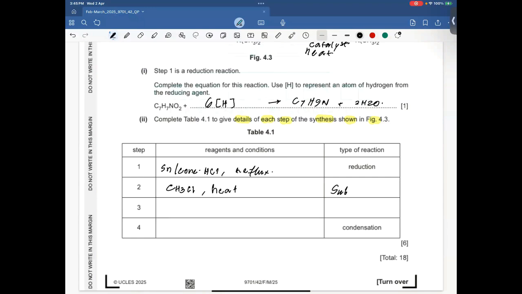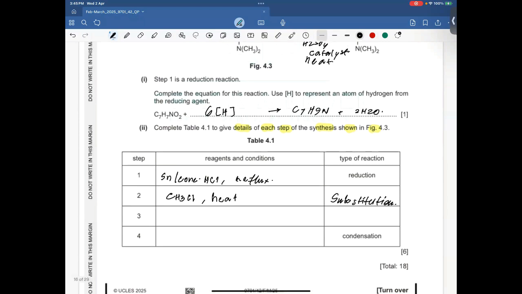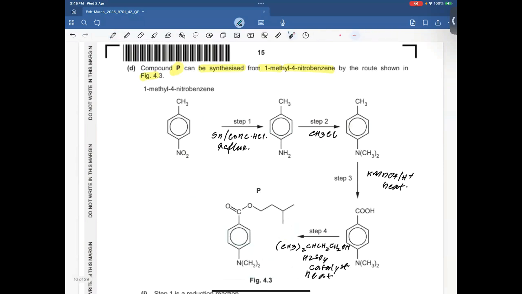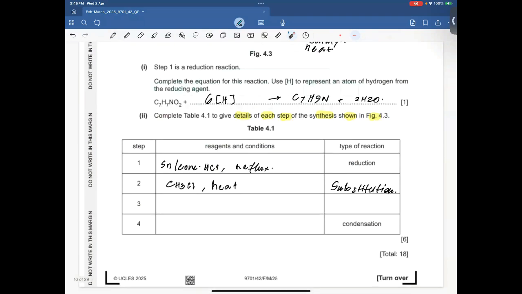Obviously, this is going to be substitution. Why? Nucleophilic substitution reaction. In fact, from here H, from here Cl, they will combine together to give you HCl. So it's dehydrohalogenation, you can say that. Okay, elimination or dehydrohalogenation. And this will get attached here. Okay. You can write elimination reaction also.